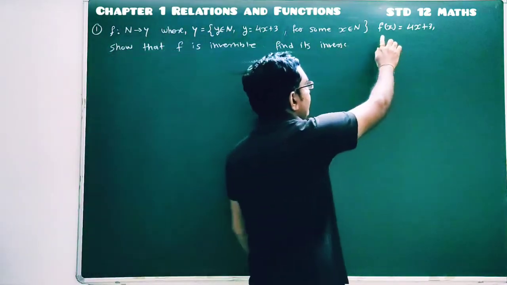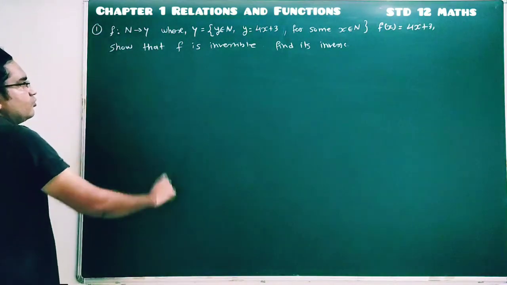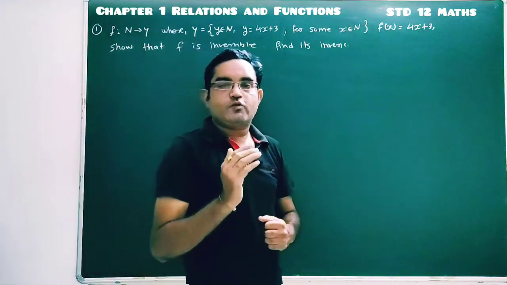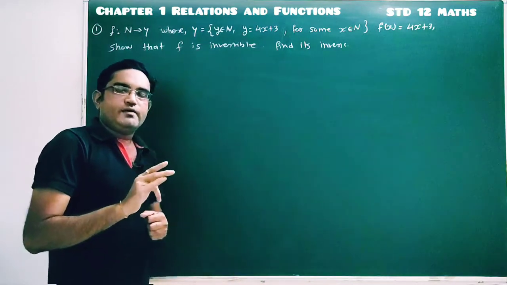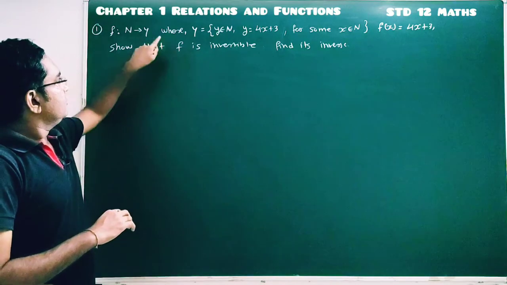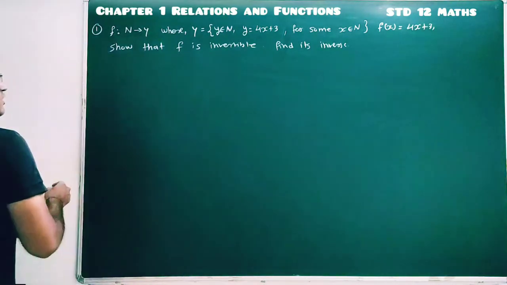Now the given function f of x is 4x plus 3, that is a defined function. Now we have to prove that function f is an invertible function. Clear friends? So what is the definition of a function to be an invertible function? For any function f, we require one another function g of x, which is from this range to domain. So let's try to solve this question.